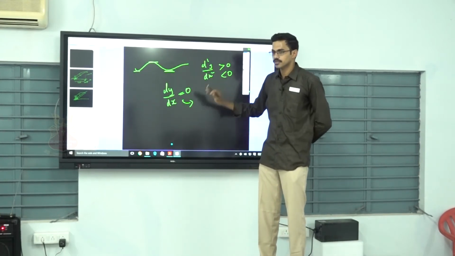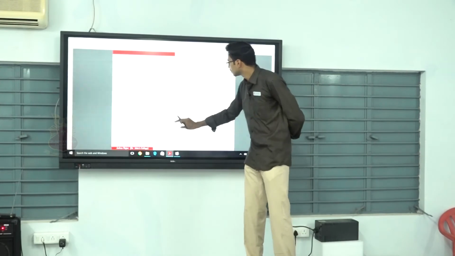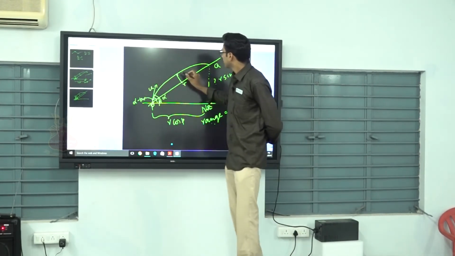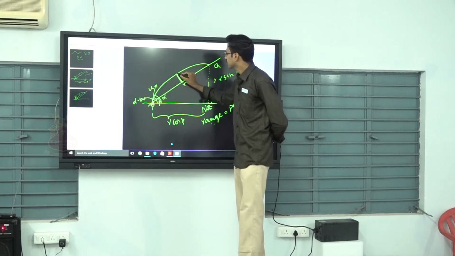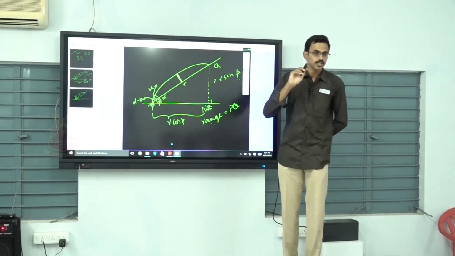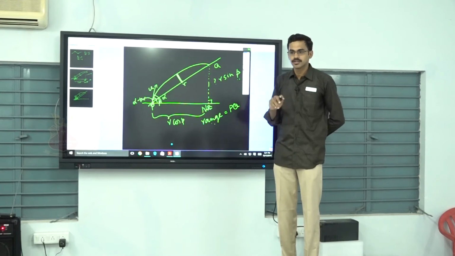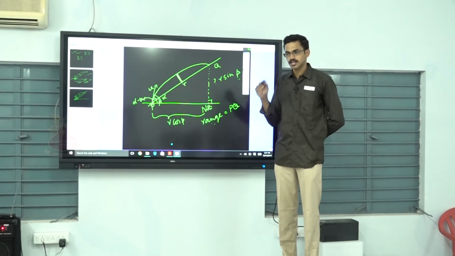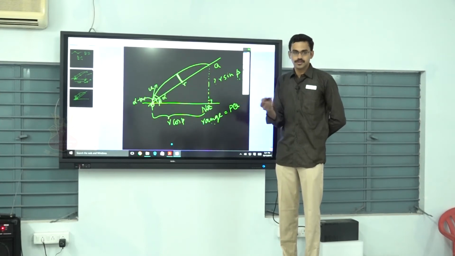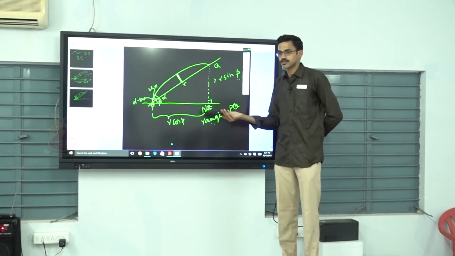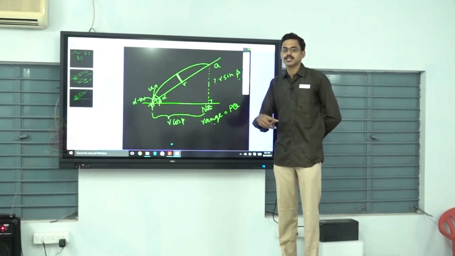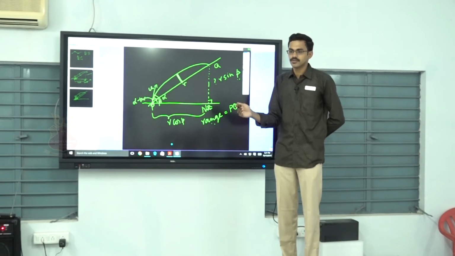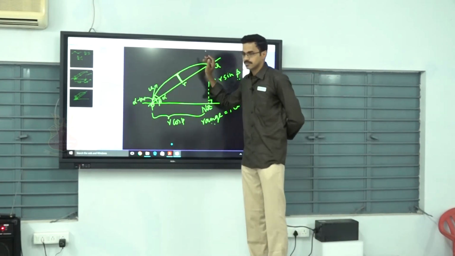The same procedure we used here. Okay. We want to find the maximum height, isn't it? We know the equation in y. Okay, calculate the first derivative equal to 0 and find the point, substitute, and then concentrate on the second derivative and find the maximum point.